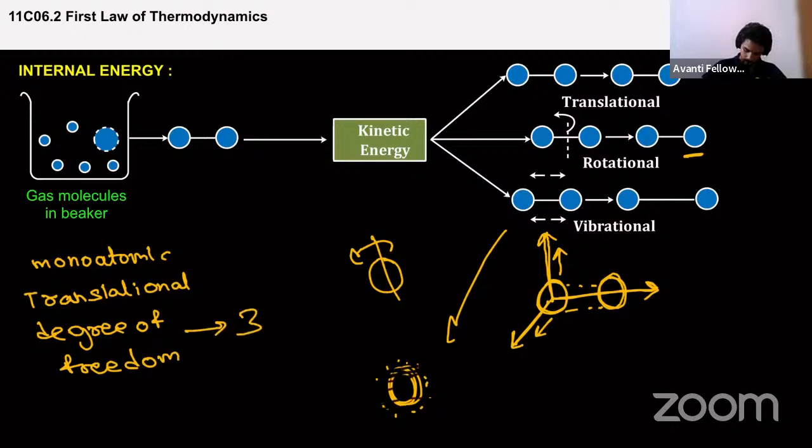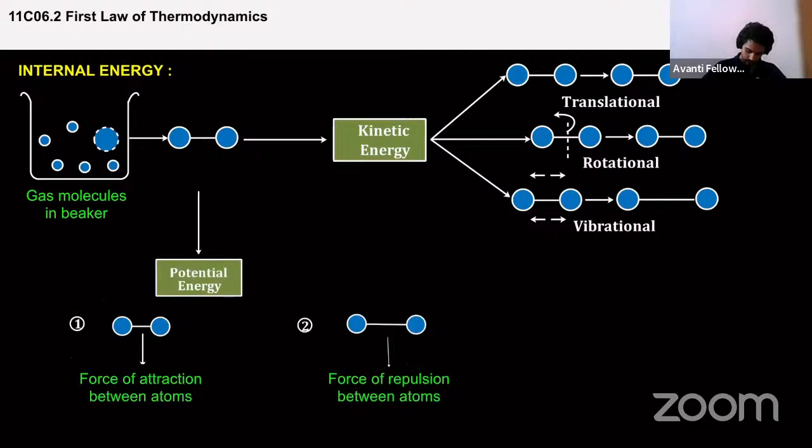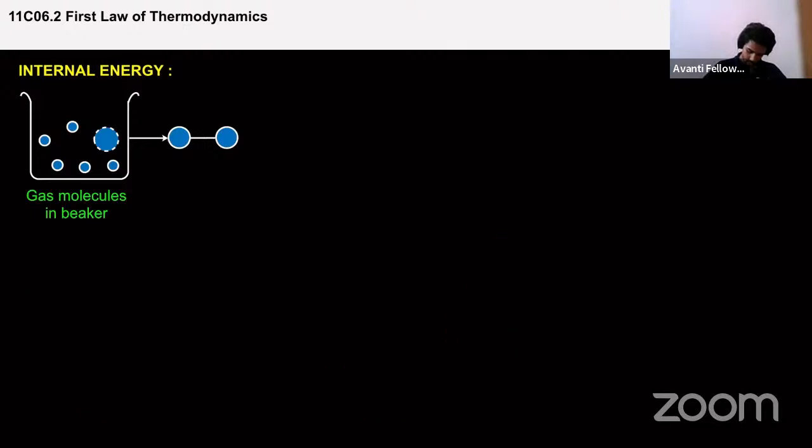Let me erase this first. Highlight it here. For monoatomic gases, translation degree of freedom is 3. And for diatomic gases, for any gas, translational degree of freedom is 3.